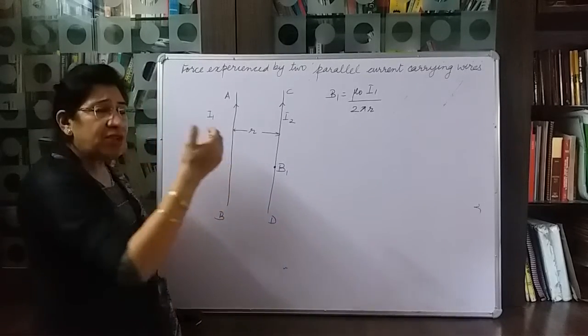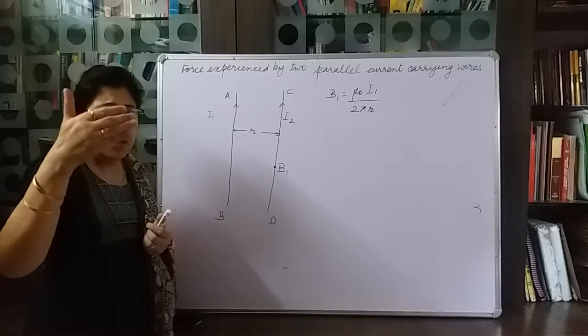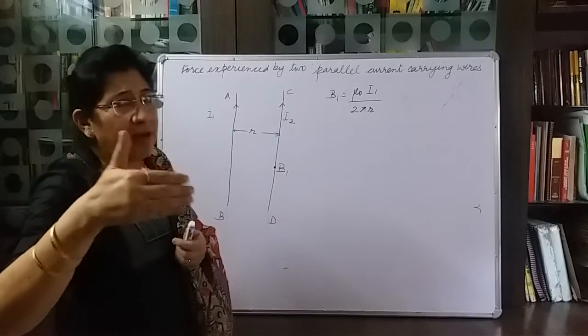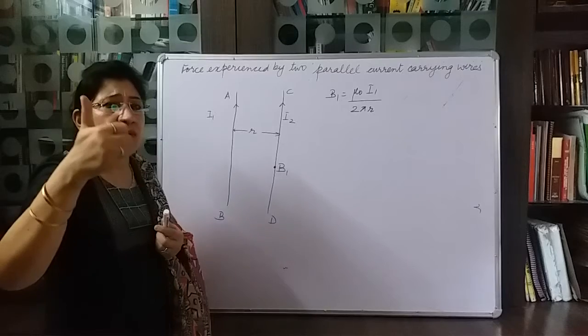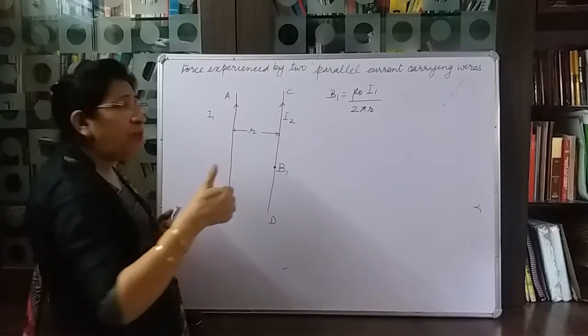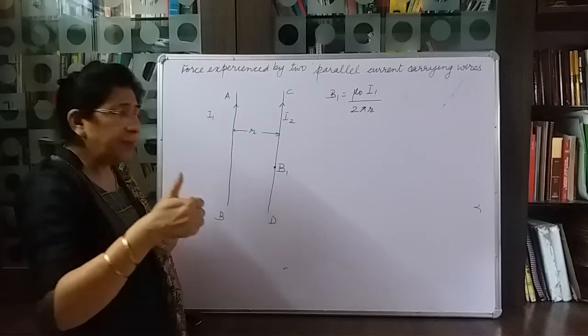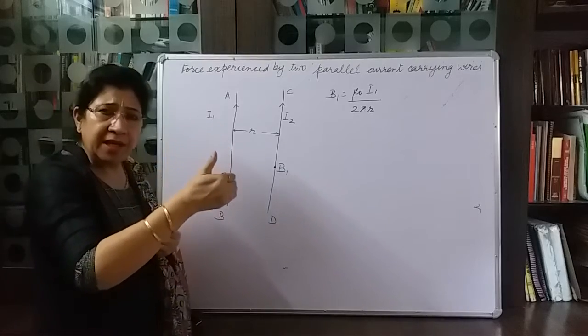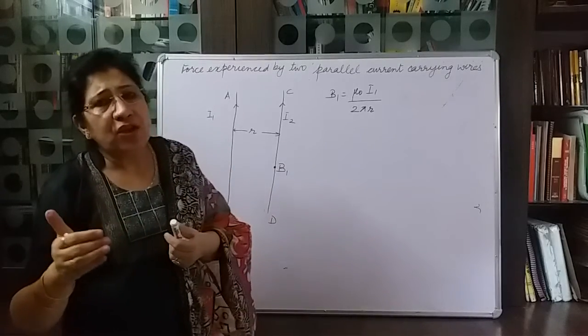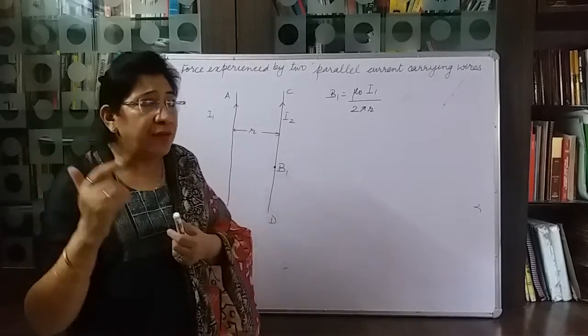If we stretch the palm of our right hand perpendicular to the thumb, with the thumb pointing in the direction of the current, then the curled fingers give the direction of the magnetic lines of force.